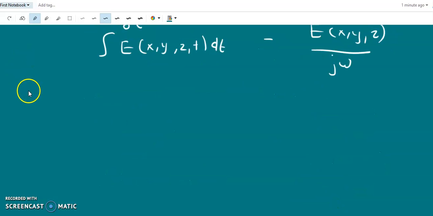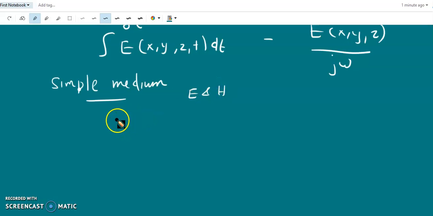So now we can write the time harmonic Maxwell equations for a simple medium. Simple medium means linear, homogeneous and isotropic medium. Before writing the time harmonic Maxwell equations, we can write the Maxwell equations in terms of E and H for a simple medium, and they are given by del dot E is equal to rho by epsilon, del dot H is equal to 0.